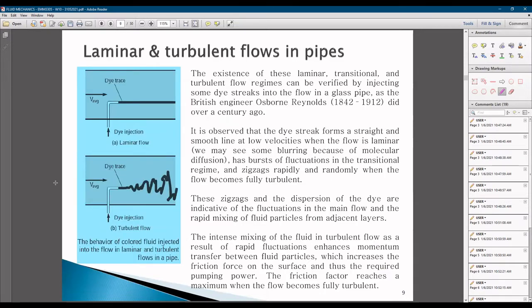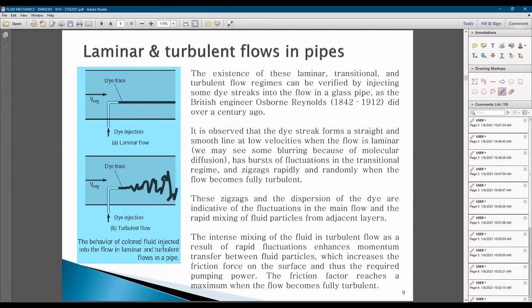The existence of the laminar, transitional, and turbulent flow regimes can be verified by injecting some dye streak into the flow in a glass pipe, as was shown by the British engineer Osborne Reynolds in Manchester, who lived between 1842 and 1912.